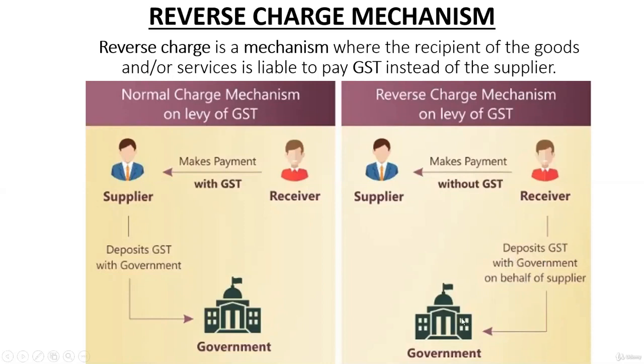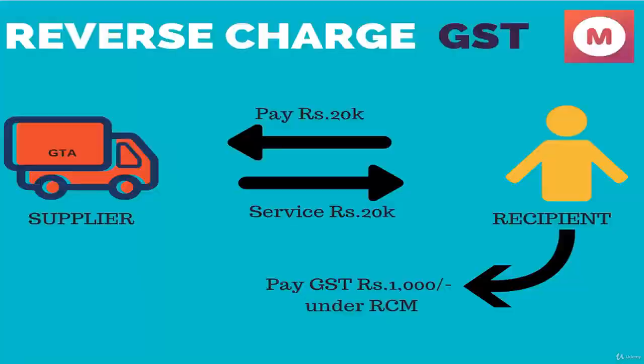Now, this is the simple concept, and I hope you are able to differentiate between the normal charge mechanism on levy of GST and the reverse charge mechanism on levy of GST. Let's take an example once more. Under reverse charge, if a supplier of GTA, Goods Transport Agency, gives a service to recipient A for rupees 20,000, then 20,000 is the base amount.